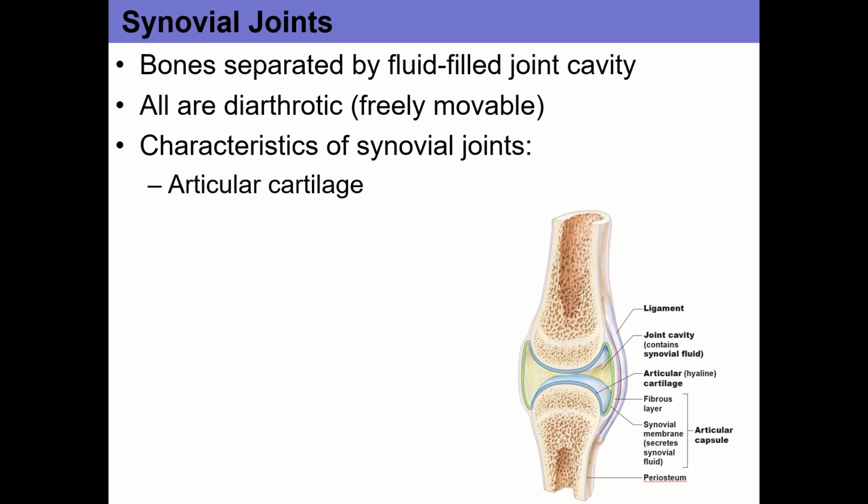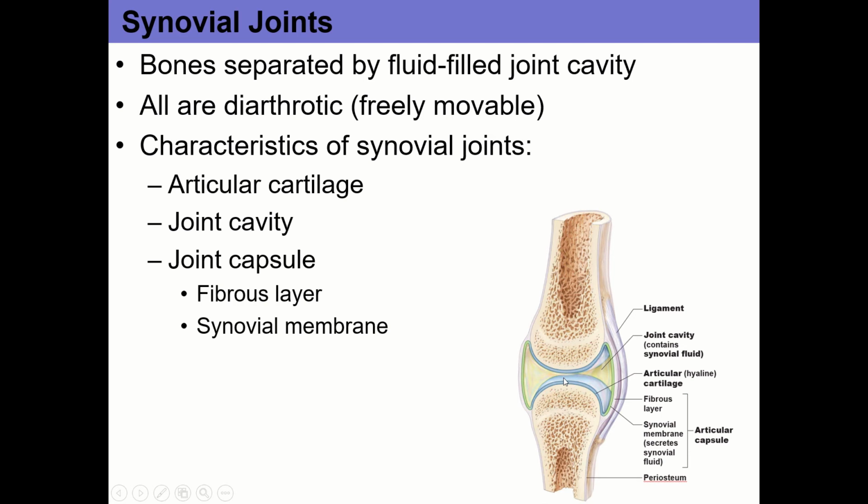So that's your articular cartilage. And so that's the blue stuff on this diagram here, lining our generic joint. That's our articular cartilage. There's a joint cavity. So there's space between the two bones, and that's what allows for that movement, the gap. And there's a joint capsule, and the joint capsule has two layers.